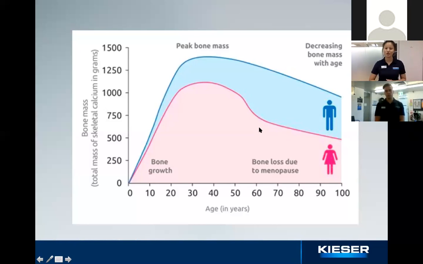That's just due to an imbalance within hormones, which unfortunately can lead to the development of osteopenia and osteoporosis. The great news is you can actually reverse this and again slow down the process through the right types of exercises, which we'll touch on down the track.